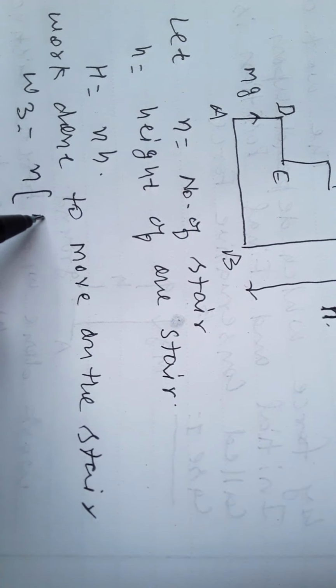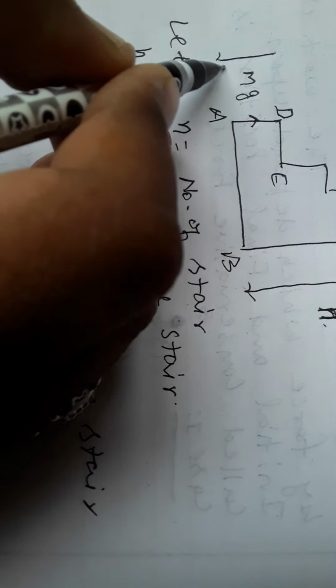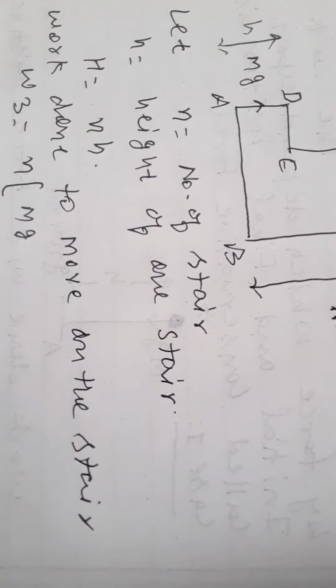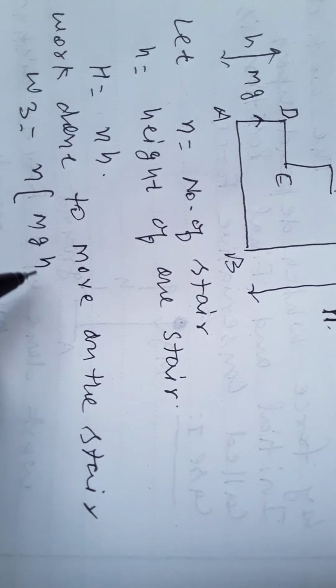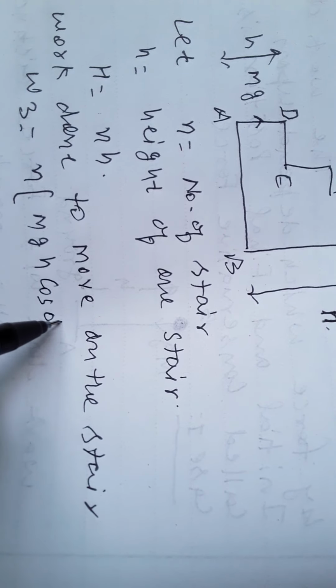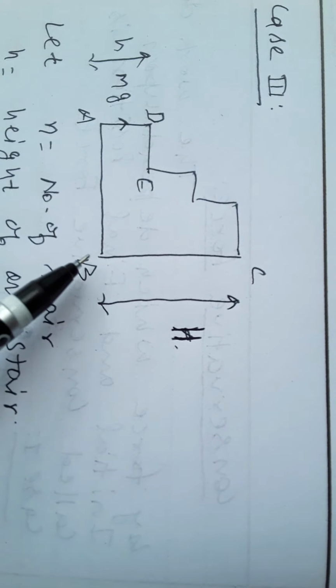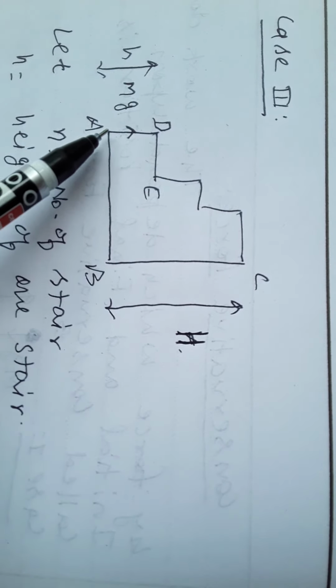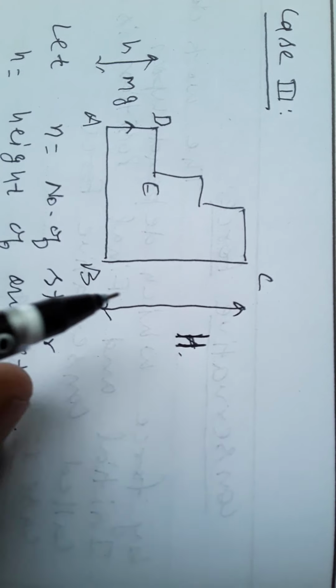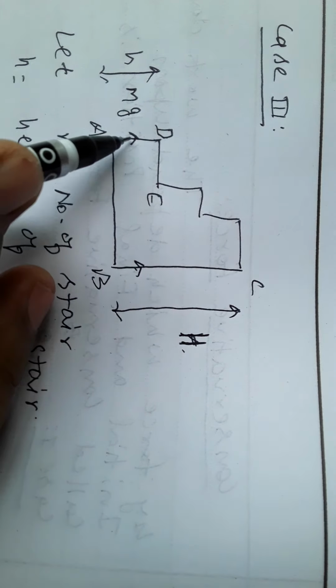The object is moving from A to D. Weight is mg, this is mg into height of one stair small h, mg into h into cos 0 degree, because total displacement is from B to C and the object is moving from A to D. They are in the same direction, this and this, so it will be cos 0 degree.